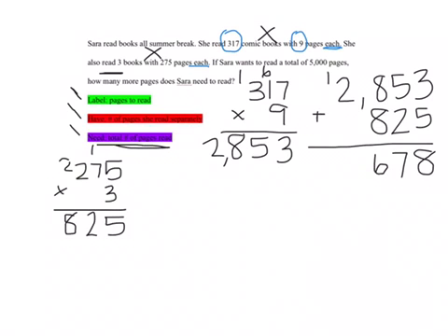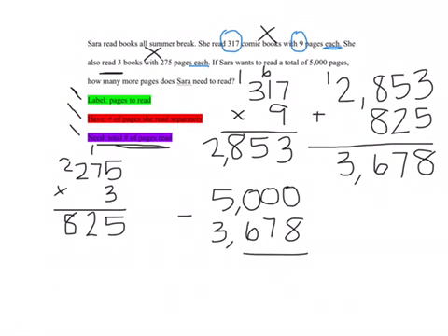And then 2 and the 1 more is 3. So we have 3,678 pages so far. Okay, now we have to subtract 5,000 pages minus 3,678 pages.